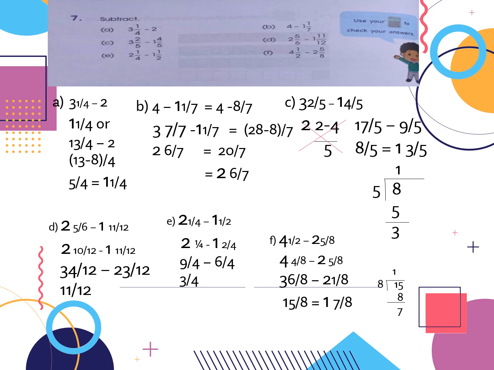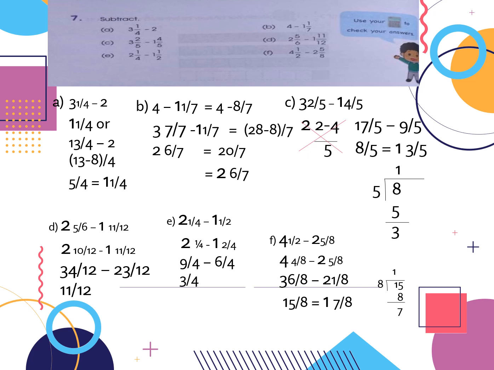So we have 5 into 3 is 15 plus 2 is 17 over 5 minus 5 multiplied by 1 is 5 plus 4 is 9 over 5. Now we have the same denominator, so we don't need to perform any further operation, and we simply subtract the numerators. So 17 minus 9 is 8, and the denominator comes out as it is, which is 5. And if we divide 8 by 5, we have 1 whole number 3 over 5.